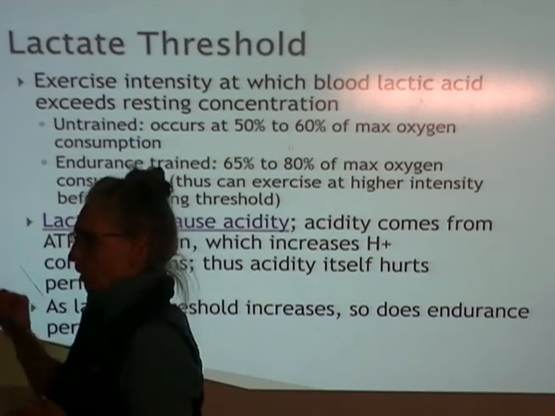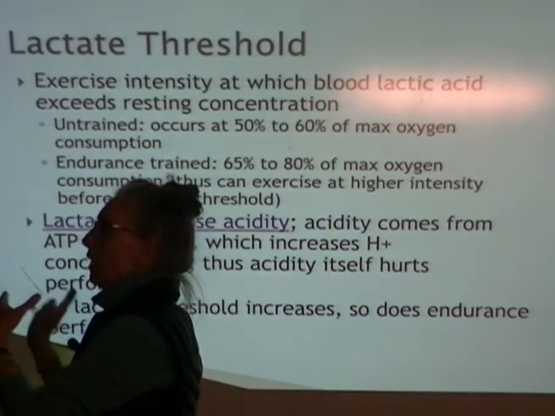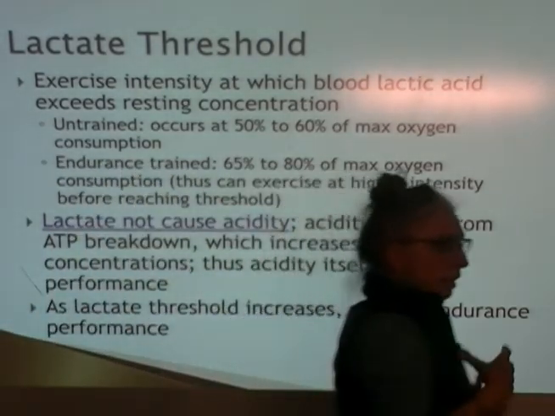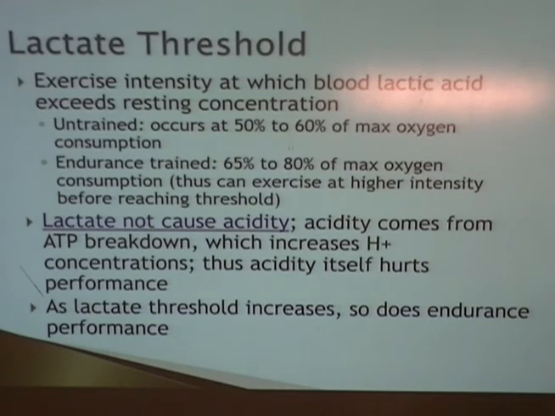It's your lactate threshold that improves, that pays off in improved performance and fitness. Okay? So lactate threshold represents the intensity or the race pace that you can maintain. Okay? And it's technically the intensity at which your blood lactate exceeds your resting concentration.